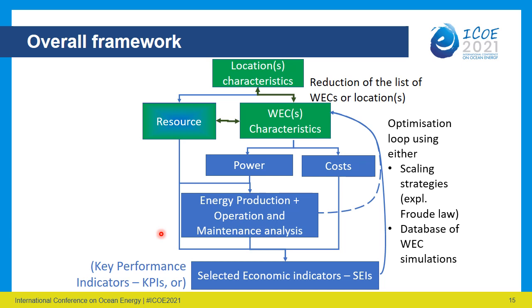However, it must be noticed here that often costs are not available, and therefore key performance indicators non-dependent on cost may be used alternatively, or at least to reduce the set of pre-selected WEC and location pairs, for which confidential techno-economic analysis may be used in the future.